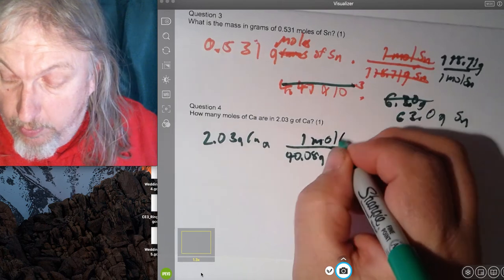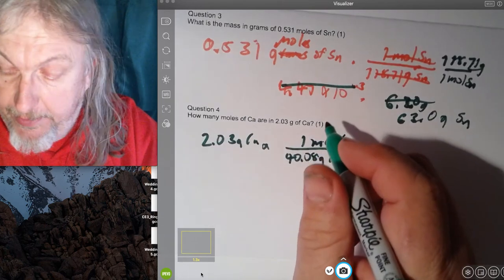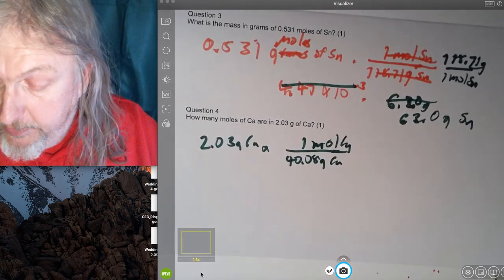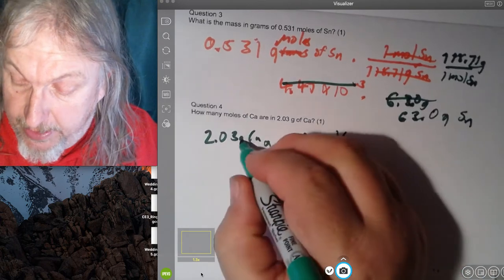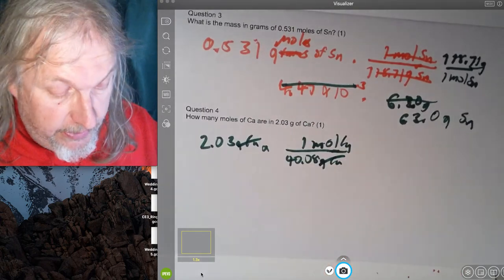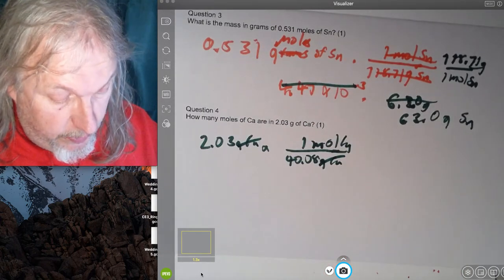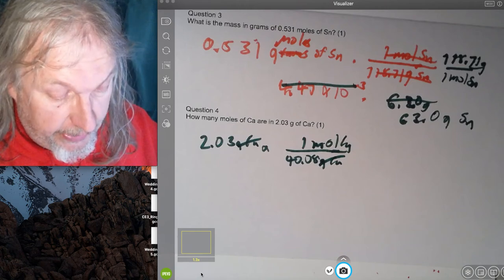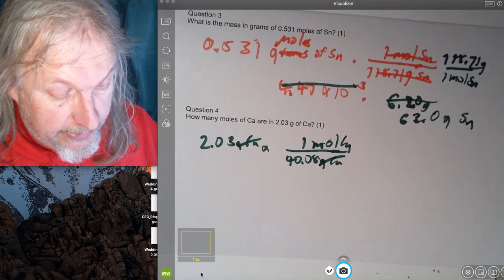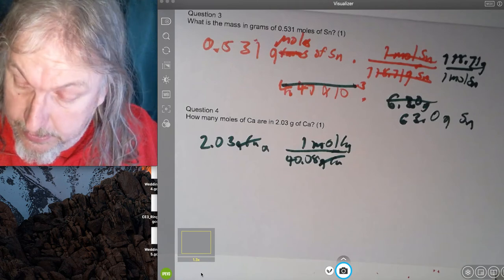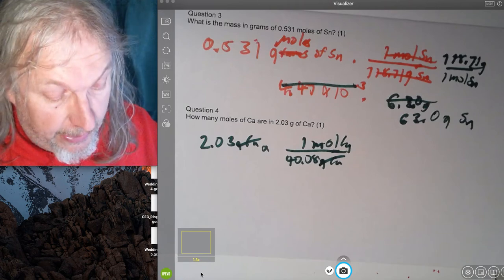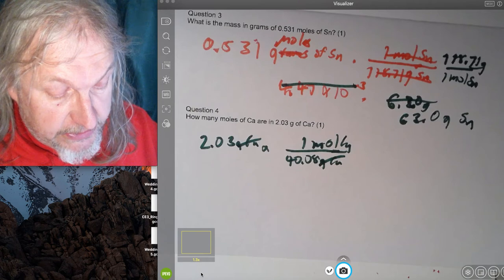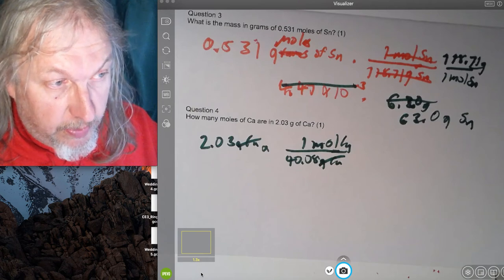Okay, so now I just have to do my math. Let's see how I cancel out the grams. 2.03 divided by 40.08, and looking for moles, I get 5.06 times 10 to the minus 2 moles.